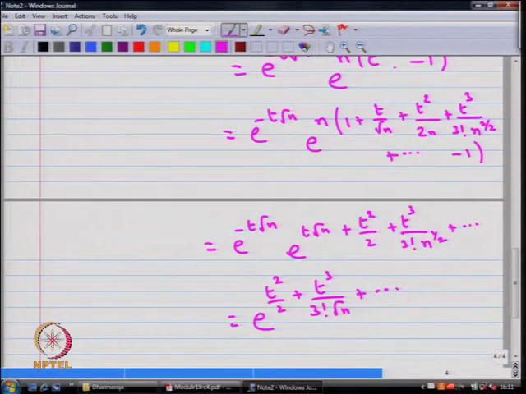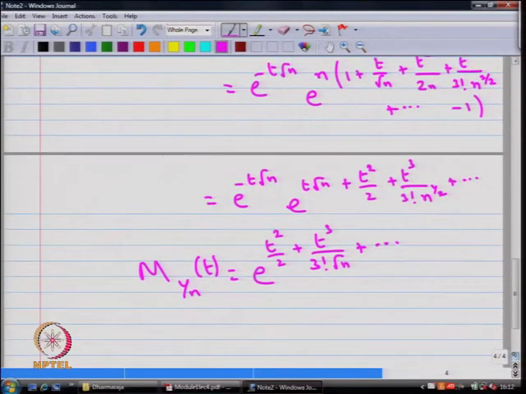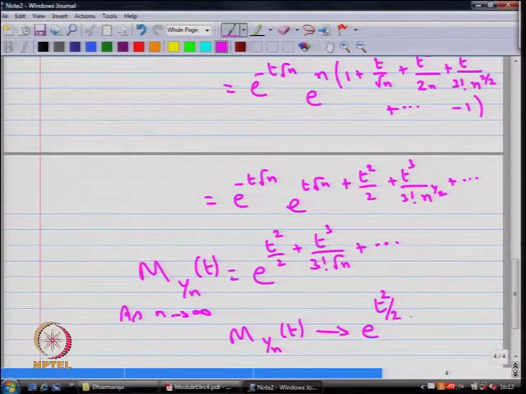Our interest is to find out the limiting distribution of Yn. So, this is the moment generating function of Yn. As n tends to infinity, because our interest is to find the limiting distribution, the moment generating function of Yn becomes e power t square by 2.